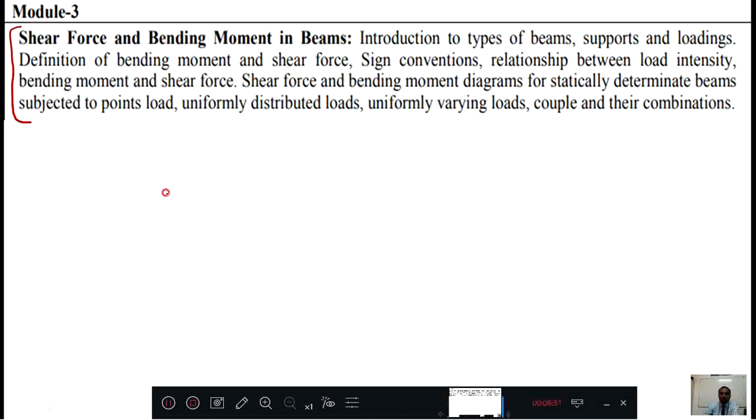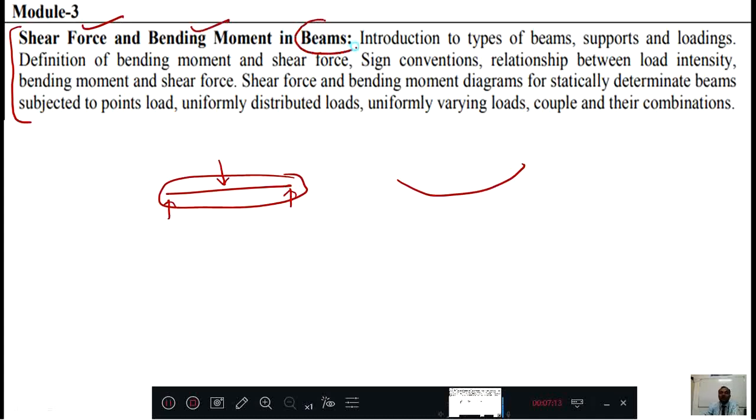When a beam is there, you will apply some force here, and when we apply a force, how does this beam behave, whether that beam bends or slides or what happens, how it will collapse, and what all stresses will be developed in the beam. For that you need to understand shear force and bending moment, in beams only we are going to study. This is included in the third module. The third module is a very easy module and very important for civil engineering.